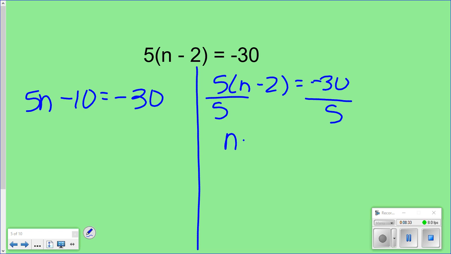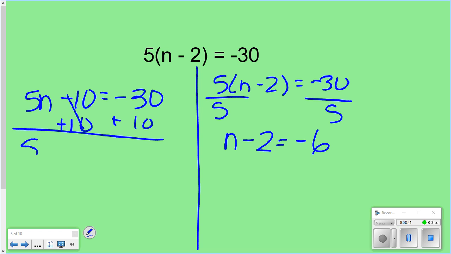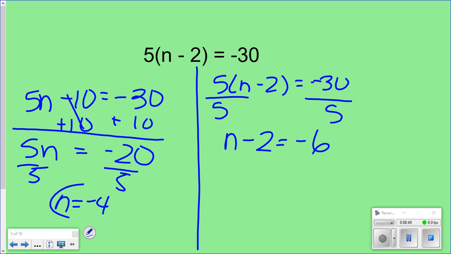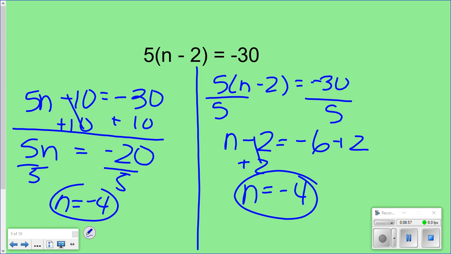And then you ended up with this. You would have started to add 10, add 10. You would have had 5n equals negative 20. Divide by 5, divide by 5, n should be negative 4. If you were this person, you were adding 2 to both sides, adding 2, guess what? Still negative 4.